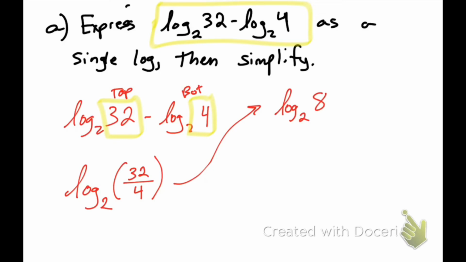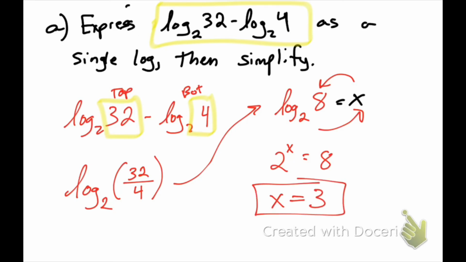Let's go ahead and set it equal to x. Solve for x, or recycle. And I get x is equal to 3. So I could write this logarithm as log base 2 of 8 equals 3. But again, either of these I would accept.